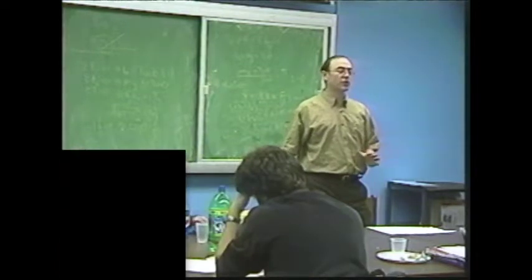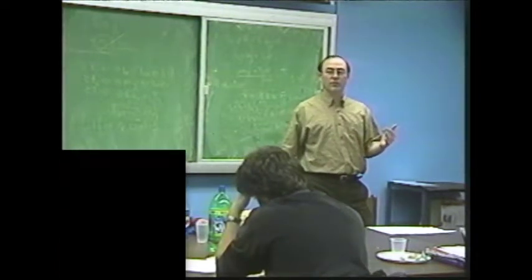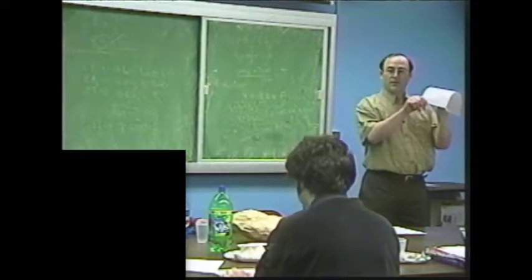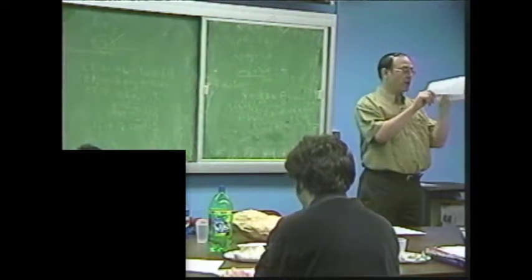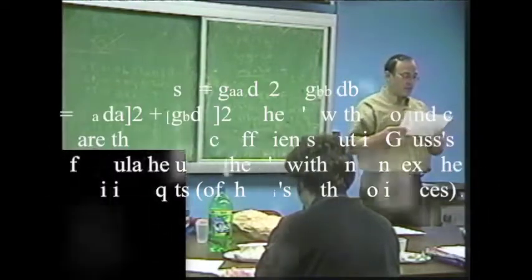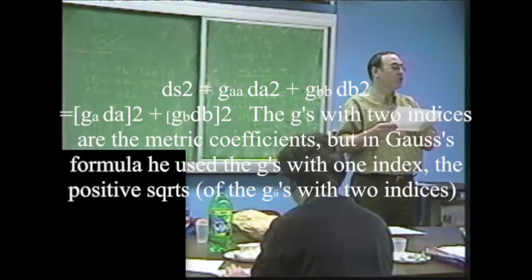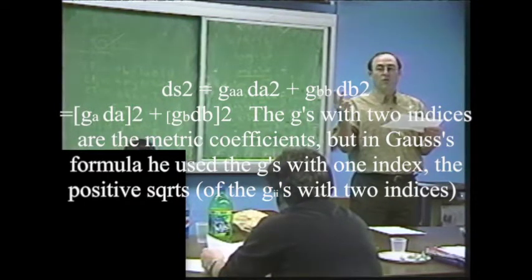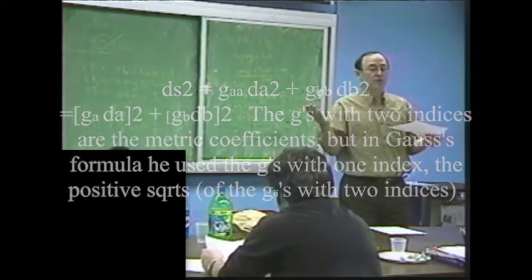We'll start out first with the simplest example of curvature, not space-time, but just a two-dimensional surface curved like this. Gauss is the one who came up with the formula for the curvature of such a surface. Given a two-dimensional metric, you basically have two metric coefficients, A and B, because you have two dimensions.